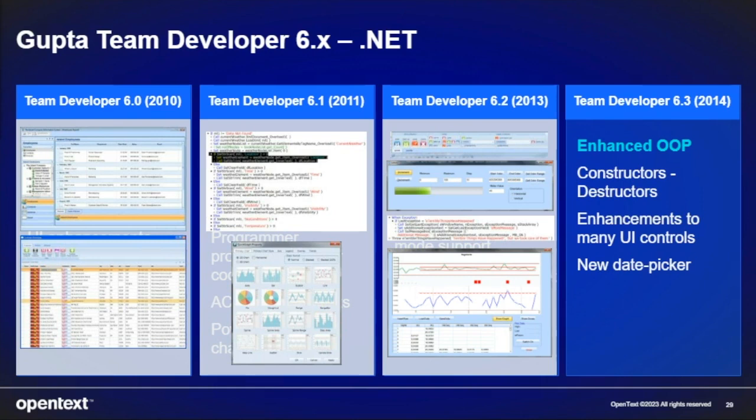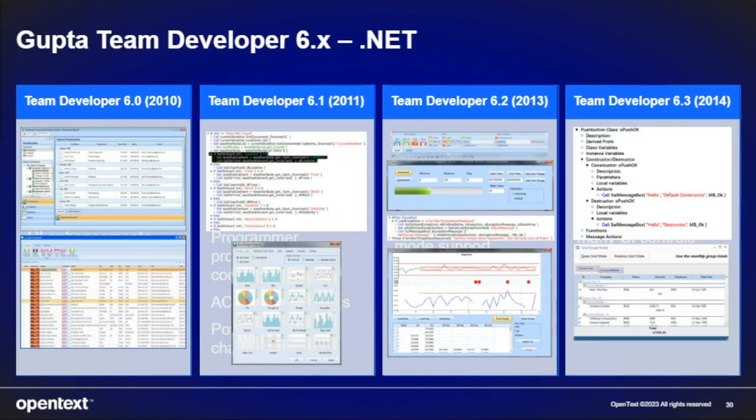We also introduced, again, many enhancements to UI controls and a new date picker to choose dates and times very easily. So here's the code of a push button class, and you see there's a constructor section where you have the code for initializing your environment for that object, and then a destructor code section where you can clean up the object before it gets destroyed.